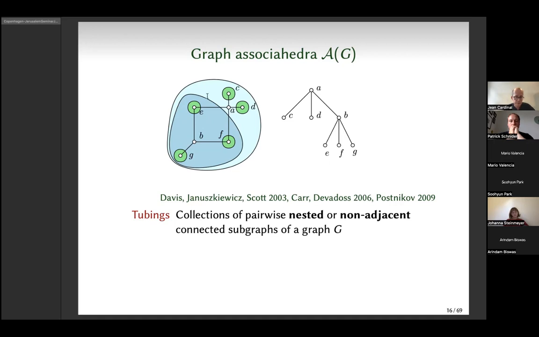So every pair of subsets is either nested or non-adjacent, meaning their union doesn't form a connected graph of G. And now if you look at all those collections of subsets of the graph that form a connected subgraph and that are either nested or non-adjacent, these are called tubings. And if you look at the inclusion lattice of those, this defines a polytope. So this is the combinatorial definition of the faces of the graph associahedron. Just pick the inclusion order of those subsets inducing connected subgraphs that are pairwise either nested or non-adjacent, and this is the definition of the graph associahedron.